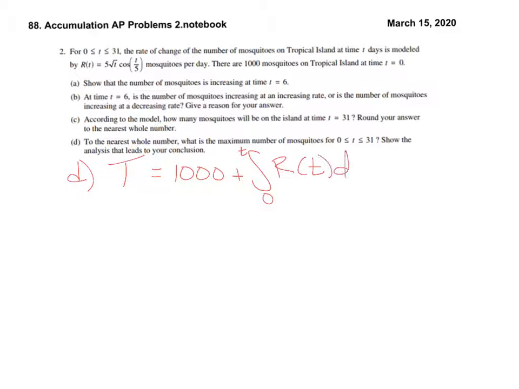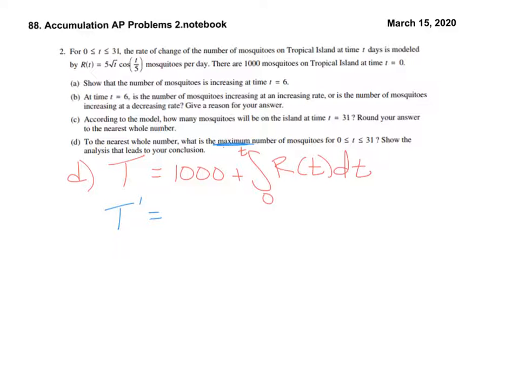So this represents the number of mosquitoes at any time. If this is the total number of mosquitoes at any time, how do I maximize that number? Well, to find a maximum, you take the derivative. The derivative of 1,000 is 0. And when you take the derivative of an integral, you replace.